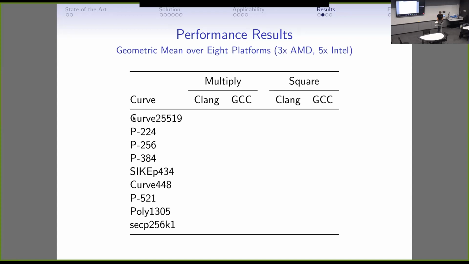The most known maybe are curve 25519 and P256, which is used in the TLS standard, and probably the SEC P256K1, which is the Bitcoin curve. So every Bitcoin signature needs field arithmetic in that particular field.